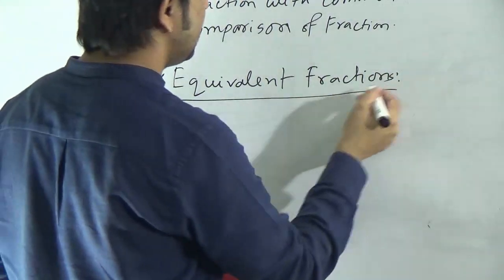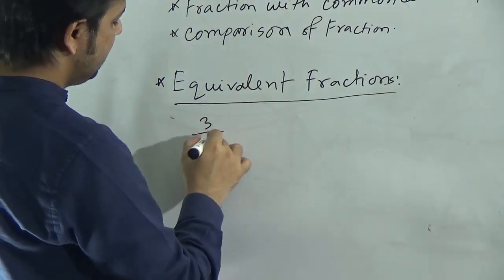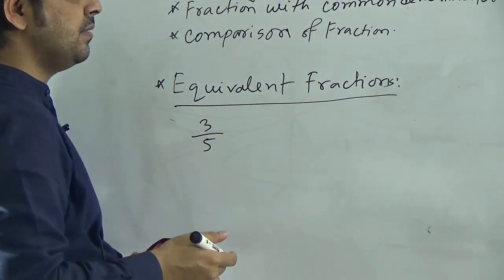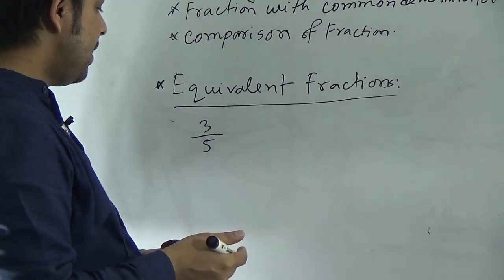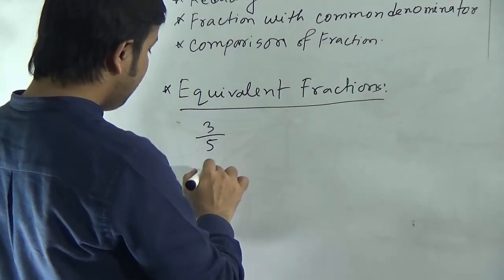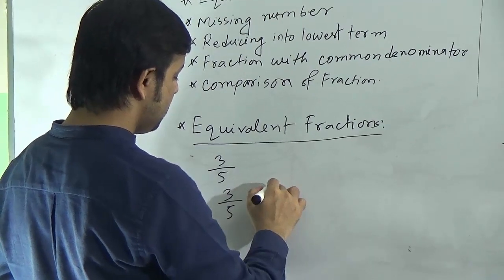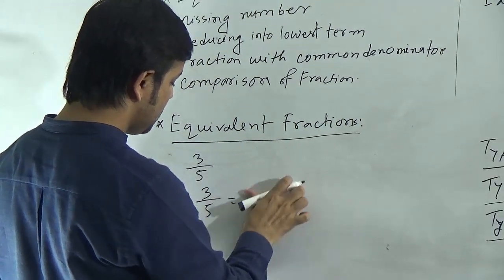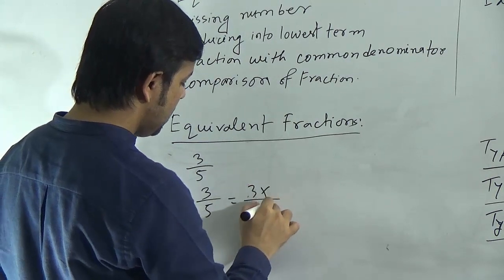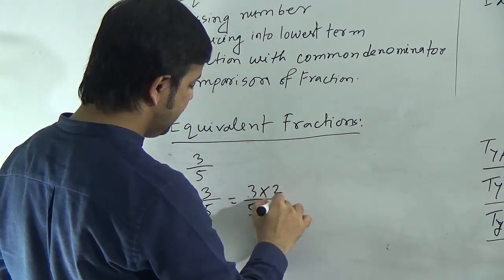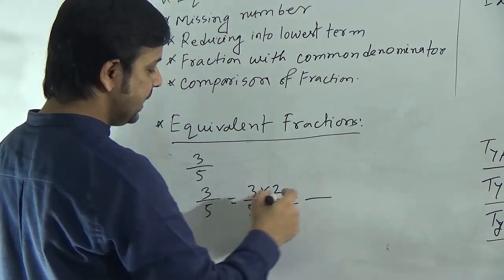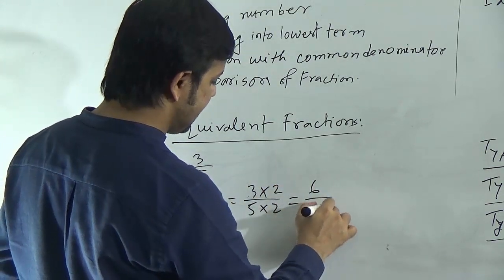Dear students, I am writing a fraction. Suppose that is 3 by 5. This is a fraction. Now if we multiply both the numerator and denominator by 2, we will get another fraction, that will be 6 by 10.